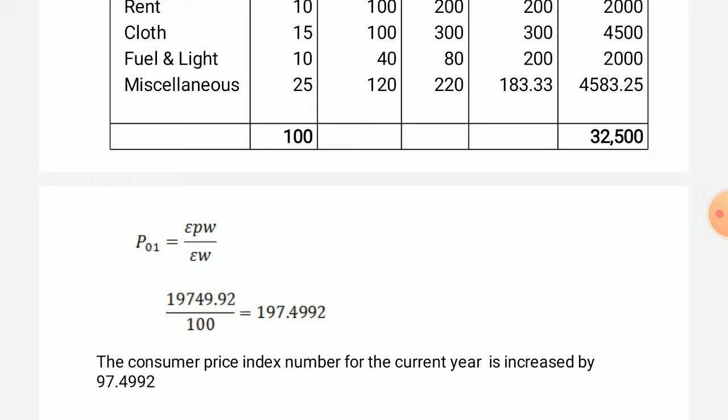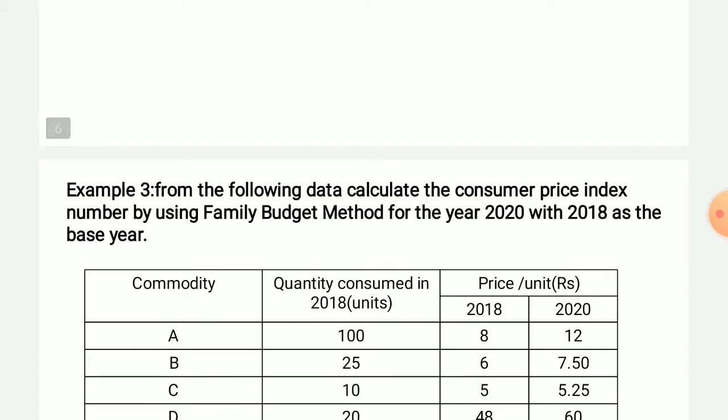So then we can conclude that the consumer price index number had increased by 97.499 percent in the current year when compared to the base year. So the consumer price index number for the current year is increased by 97.4992. Now take the third problem.